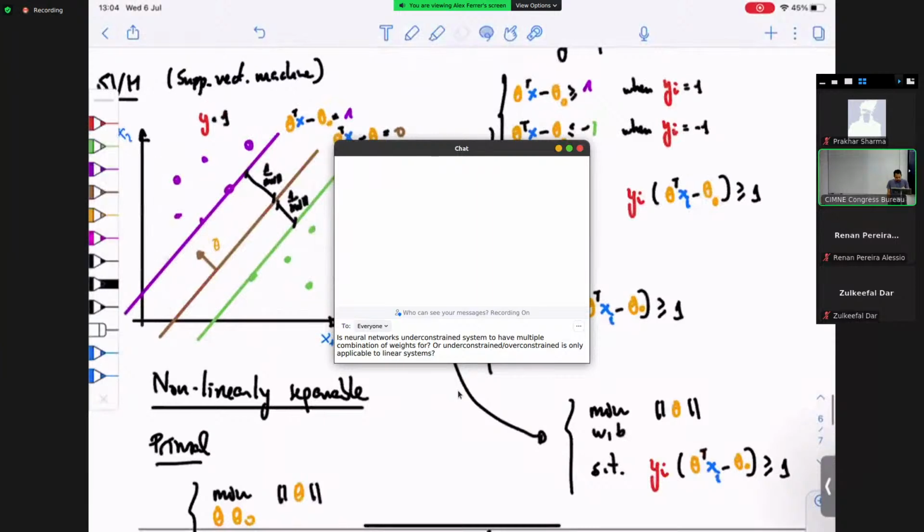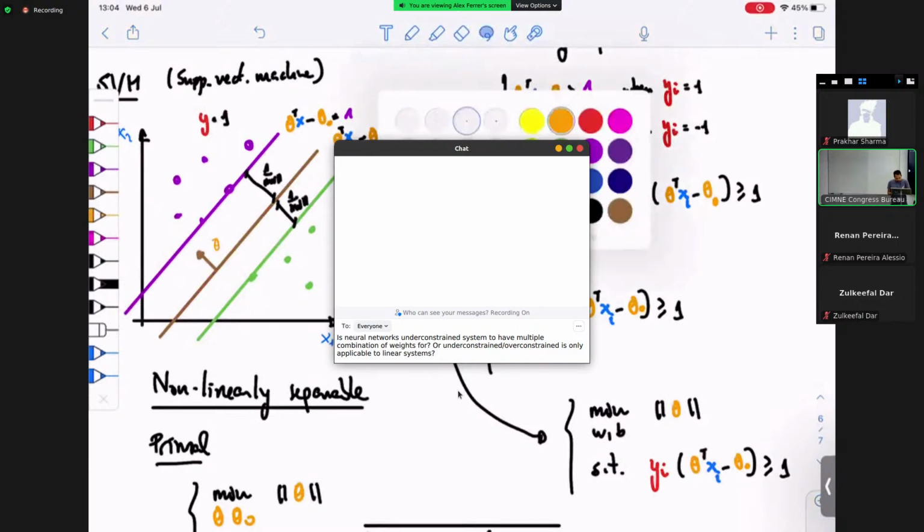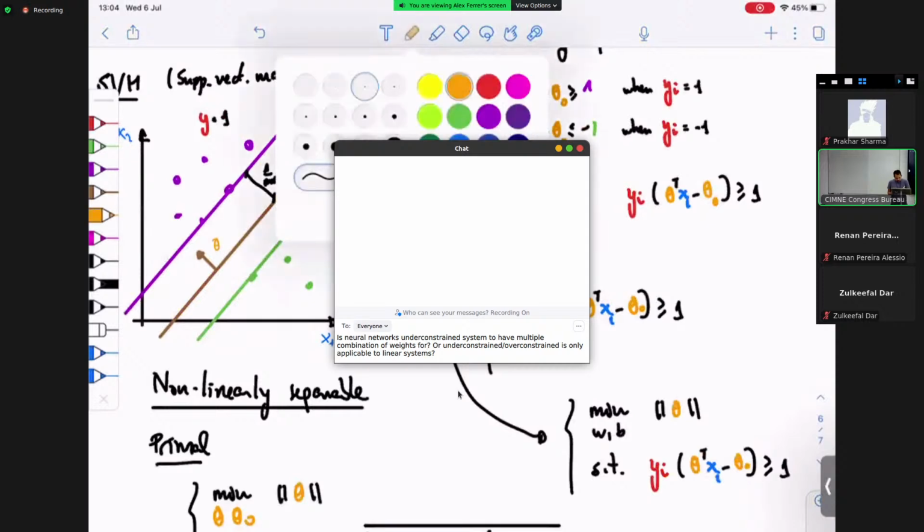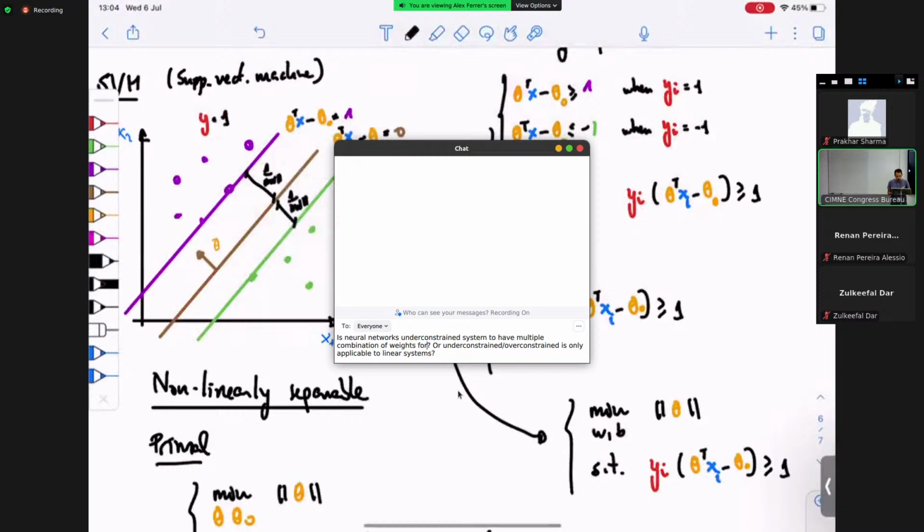Now, sorry, because I had to change the notation to adapt for this course. And then this is not just theta, it's theta and theta 0. Okay, this problem. Is this problem convex?